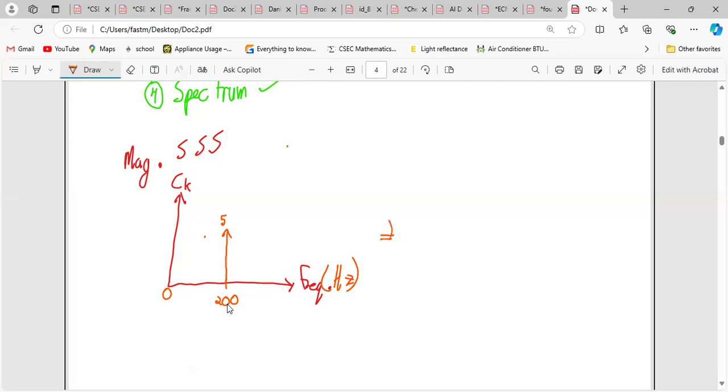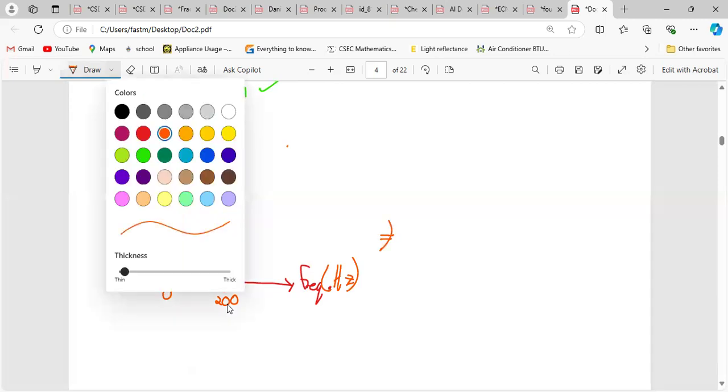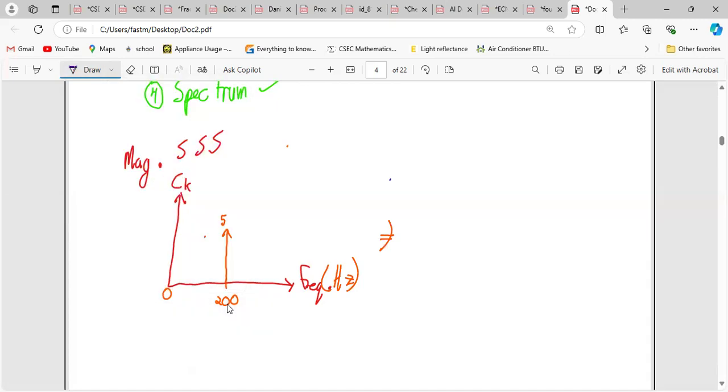And while I'm at it, I will just show you how you can go from the single-sided to the double-sided one. When you go into the double-sided from the single-sided, after you go through the exponential form, the magnitudes just halve and the frequencies invert. So we just end up looking like this.